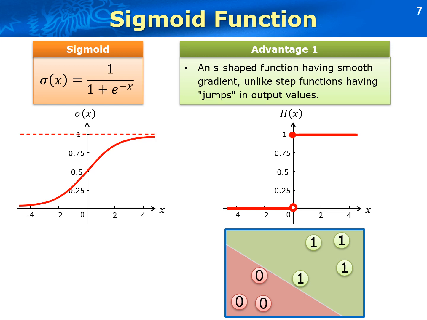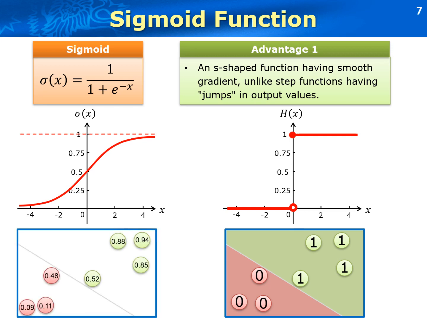In this example, we can see these 2 points are very close to the separator line. Unlike the step function that can only label them with 0 or 1, the output of the sigmoid function shows the probability of each data point for a particular class.